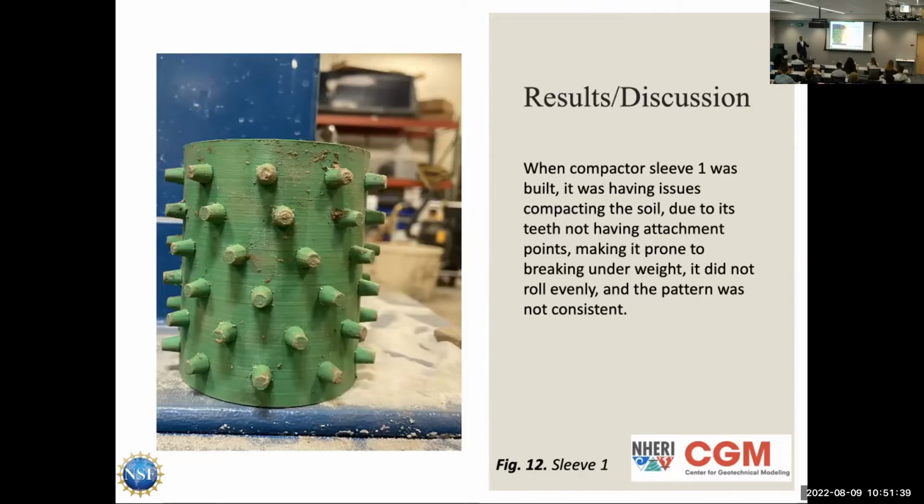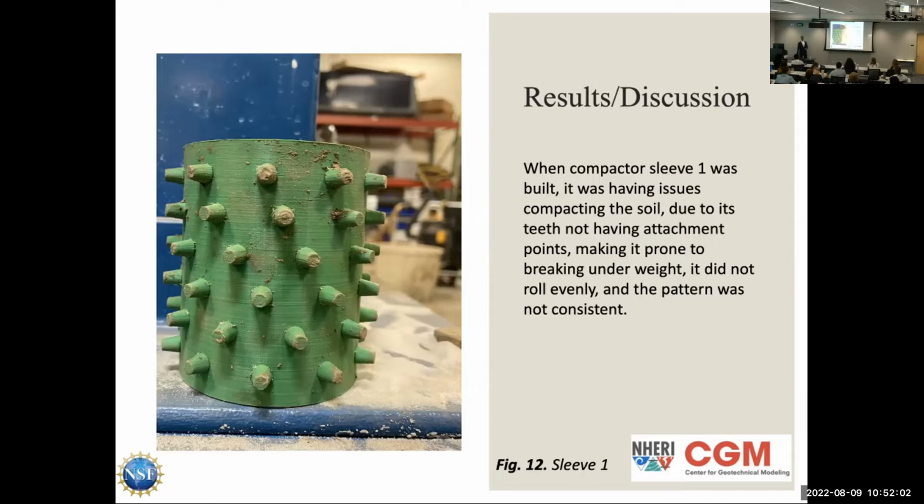The other issue that we had was during the 3D printing process. A lot of the lines and the way they're supposed to be shaped was off. So when we were compacting, we didn't have the correct compaction that we needed to. But the good thing about it was, with the soil and everything on it, we were able to actually clean it off because, as you can tell, there's a lot of spacing.